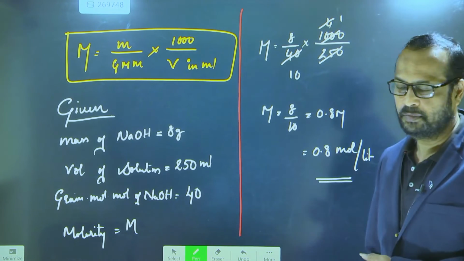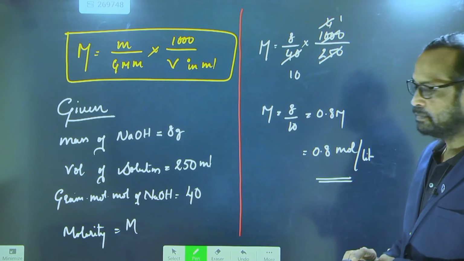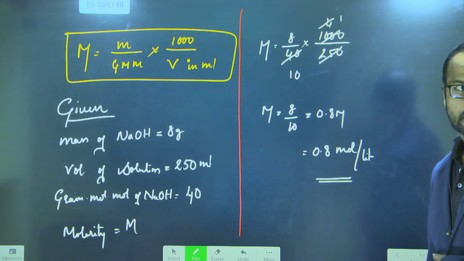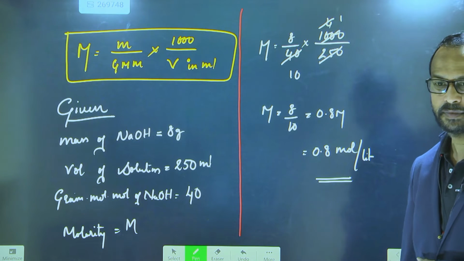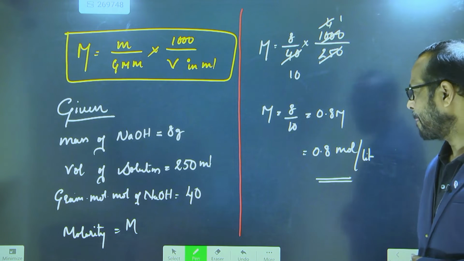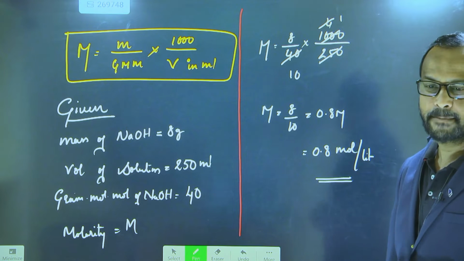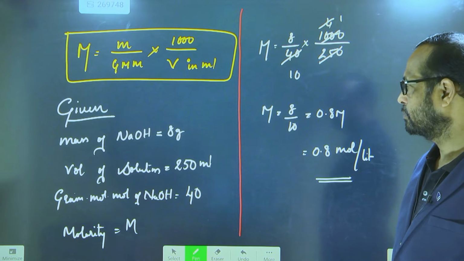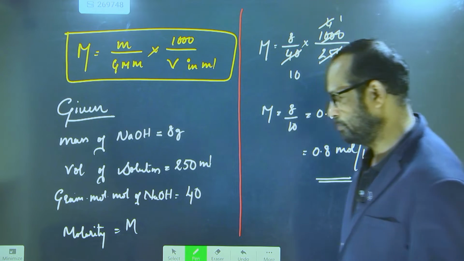So now solve. Copy this sum. I'll give one more sum now. You have to do this sum. Write neatly.